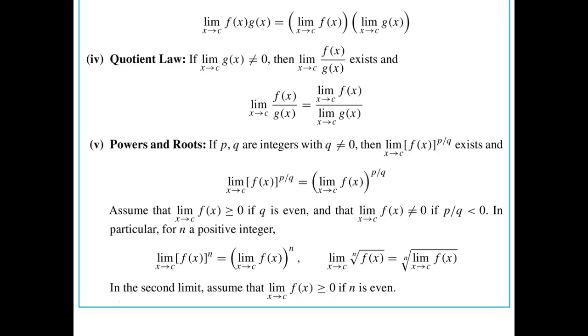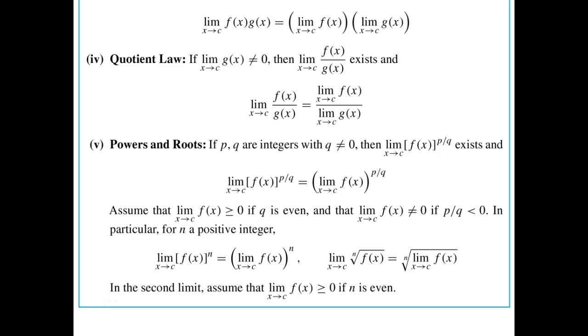Here it says the limit is greater than or equal to 0, and that the limit as x approaches c of f of x is not 0 if that ratio is negative. So, if this ratio p over q is less than 0, then the limit of f of x can't be 0.